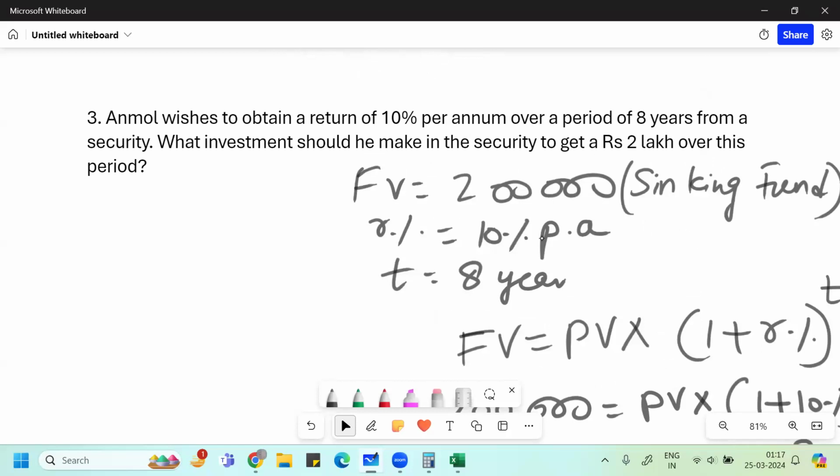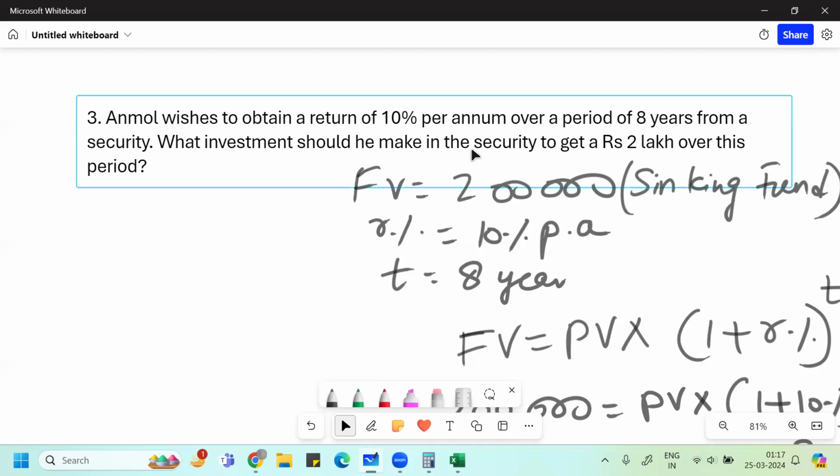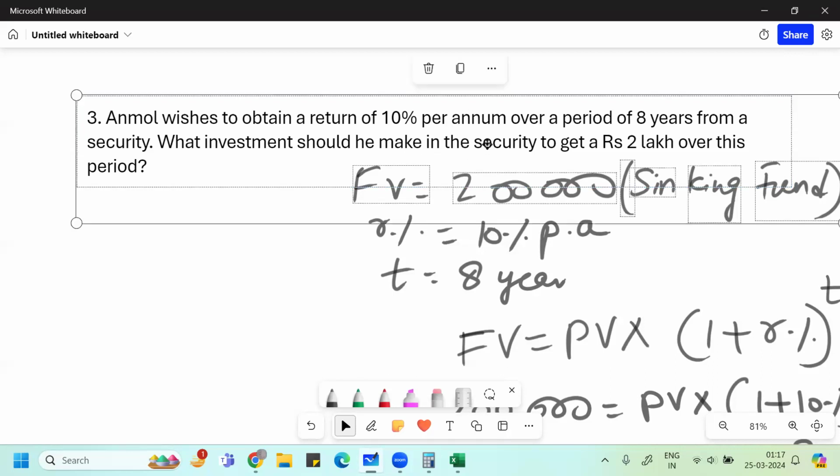Imagine if in this question they had given how much money he should deposit every year, in the security per year, so that he gets 2 lakh rupees over the period.